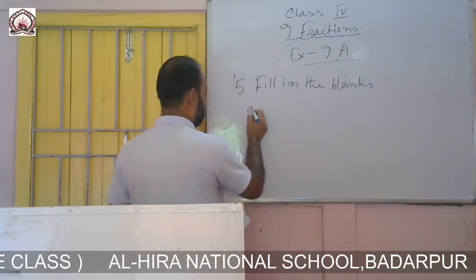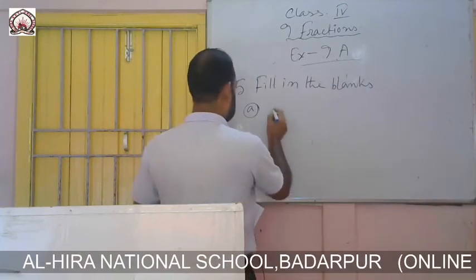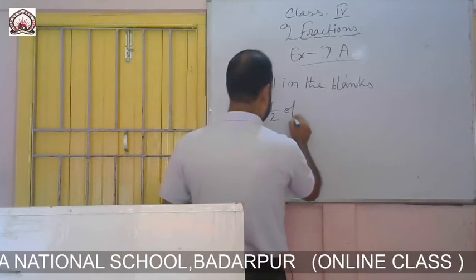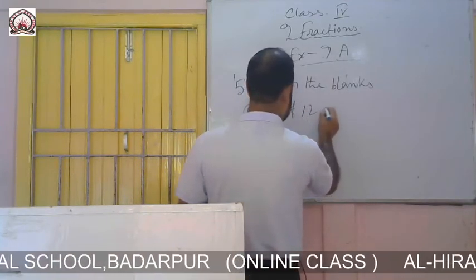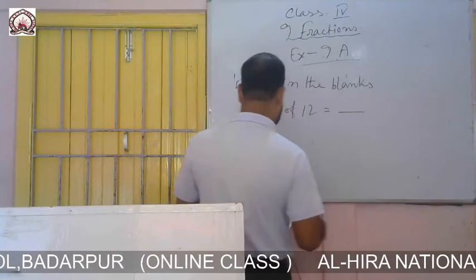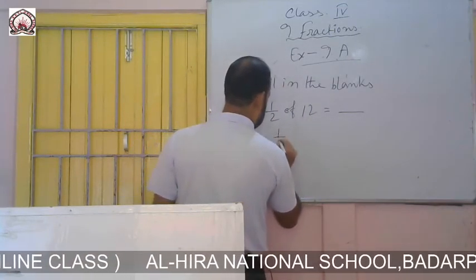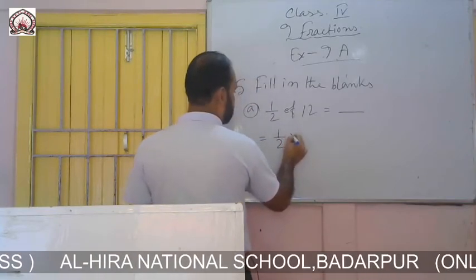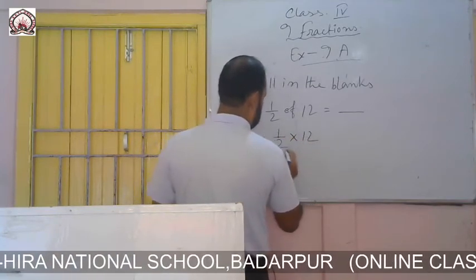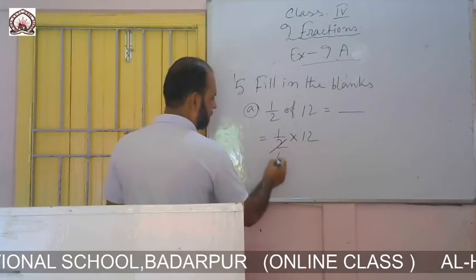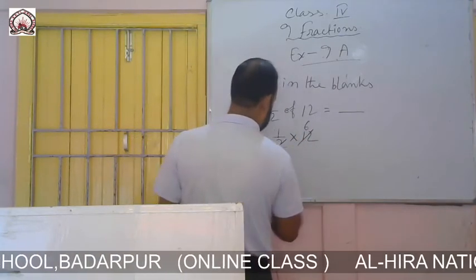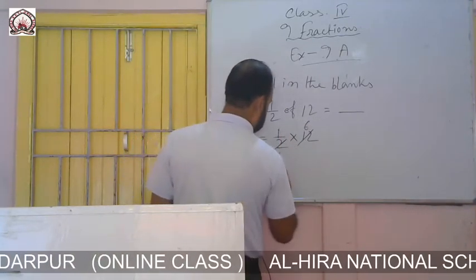Question number A, 1/2 of 12 equal to dash. So here 1/2 of means into 12. So if you cut 2 1 is 2, 2 6s are 12. So answer 6 1 is 6.